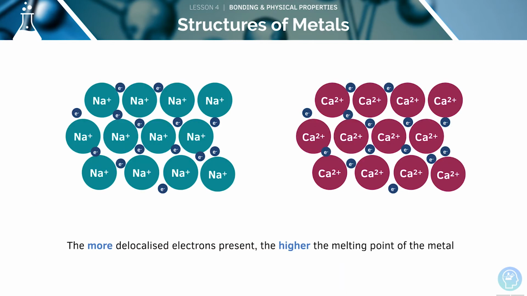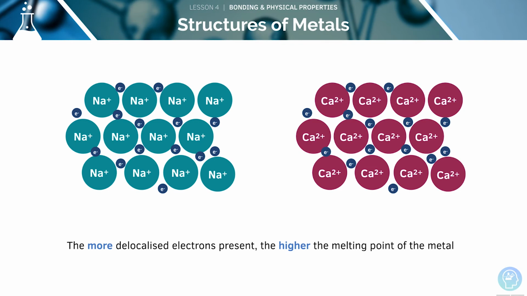As the number of delocalized electrons per metal atom increases, the melting point will also increase. This is because there is a greater electrostatic attraction between the positive ions and the delocalized electrons. Hence, the metal bond is stronger and requires more energy to break.